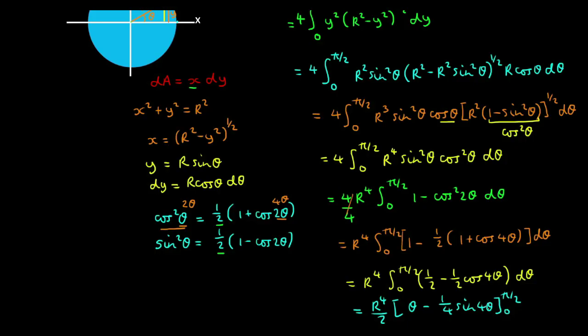And therefore sine of 4 pi on 2 is 0, and sine of 0 is 0, so this term is 0, and we end up with the second moment of area is equal to r to the 4 on 2 multiplied by pi on 2, which gives pi r to the 4 on 4.